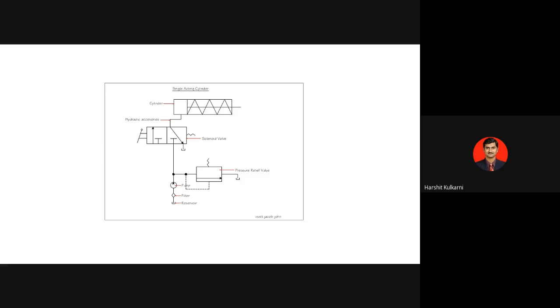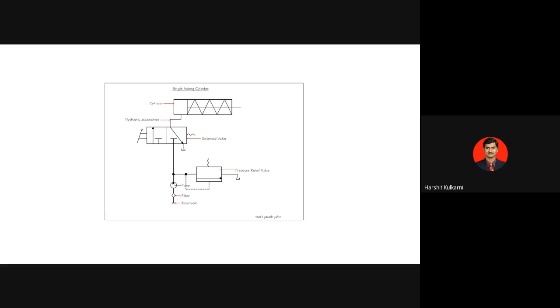Let me tell you, it is 3 by 2. Why 3 by 2? Because 3 ports are there, the fourth port is missing here. 2 because one position, second position. Then next is solenoid actuated, spring retracted.